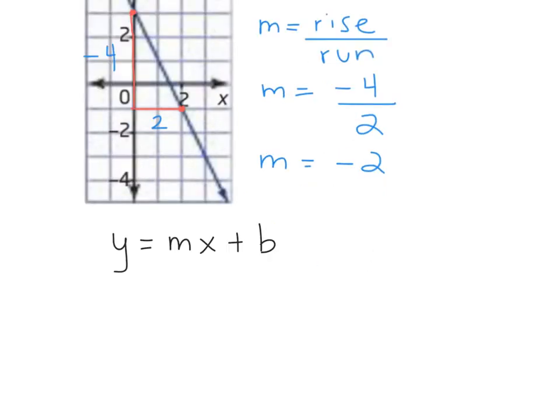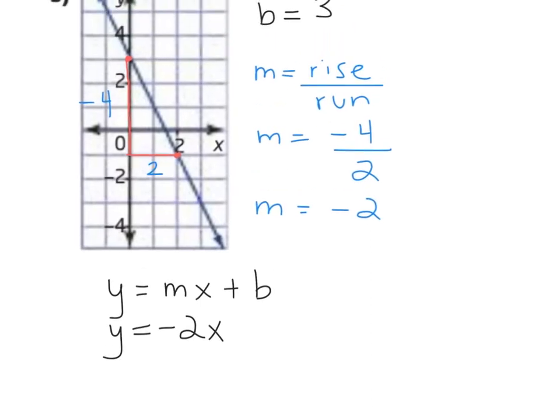Our final step is to insert those values for m and b into the equation template to come up with a final equation. We can keep the y, we can keep the equal sign. We're going to insert our m value, which was -2. Then we have the x, and then you're going to insert your b value, which for us was a +3. So our final equation is going to be y equals -2x plus 3.